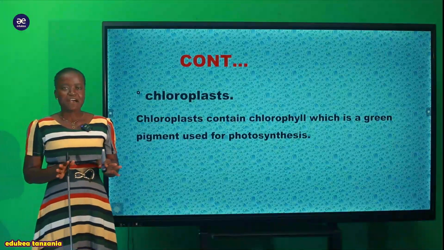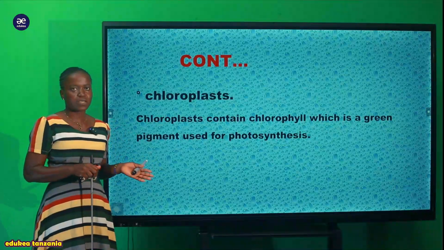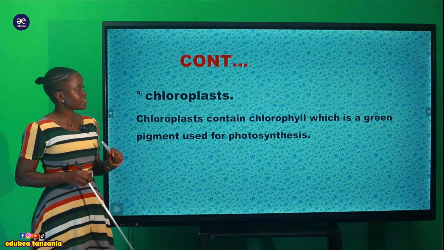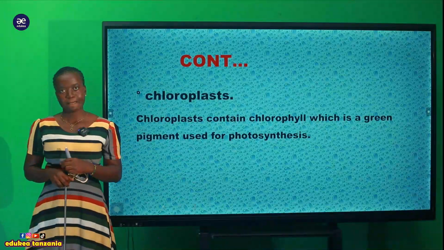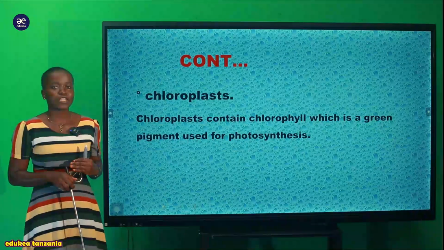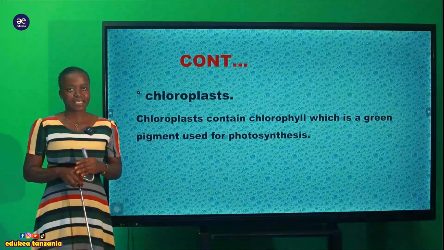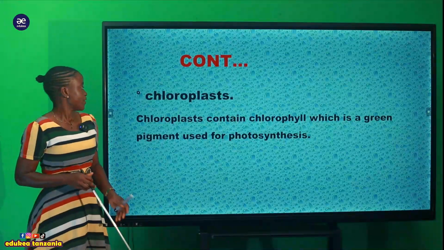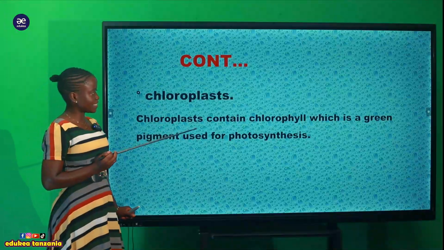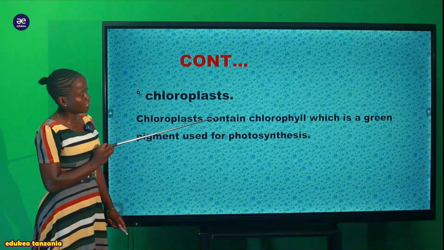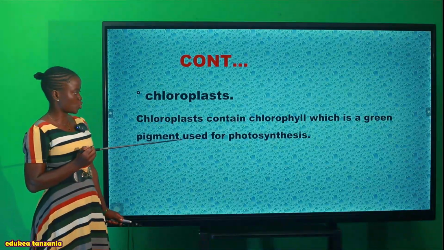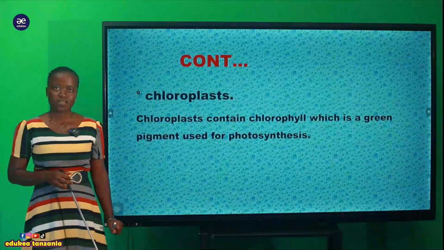Apart from that, we have another part of the plant cell, called the chloroplast. It is very essential in a plant cell. The chloroplast contains chlorophyll, which is the green pigment used for photosynthesis.